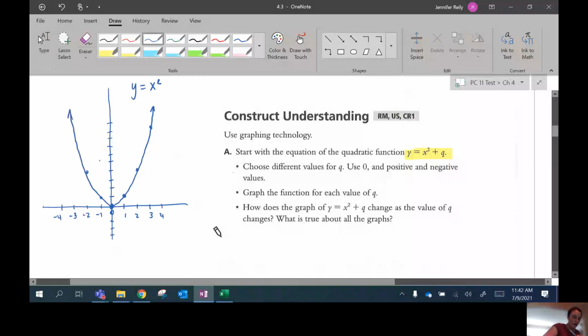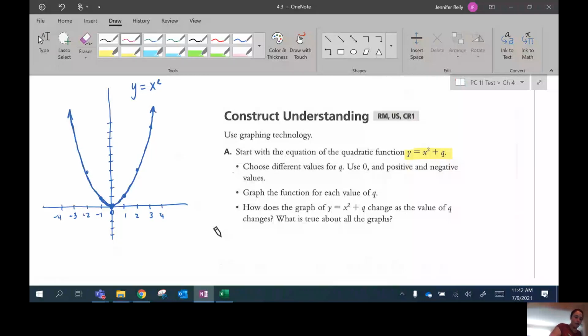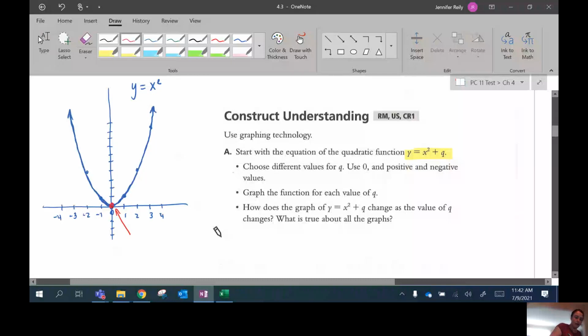It's a curve, not a V at the bottom, and it's symmetric. Just to remind you, the minimum point is called the vertex, and the axis of symmetry is at x equals 0.